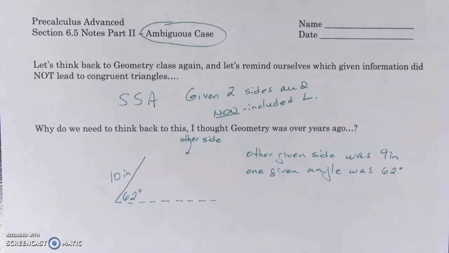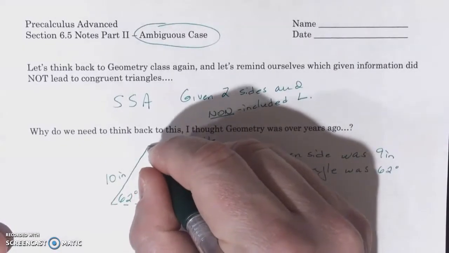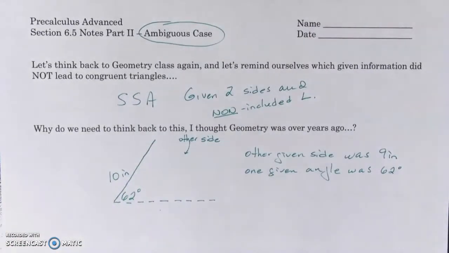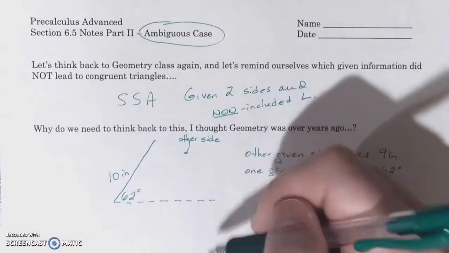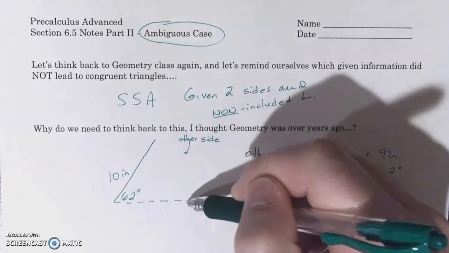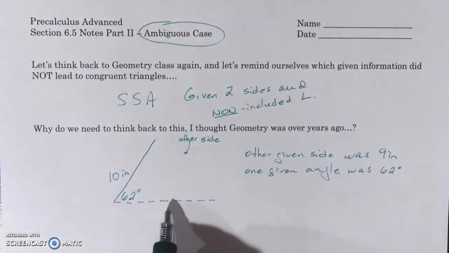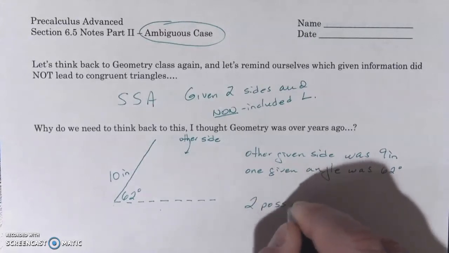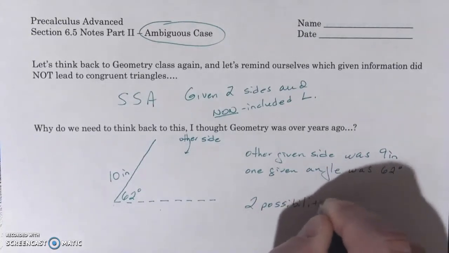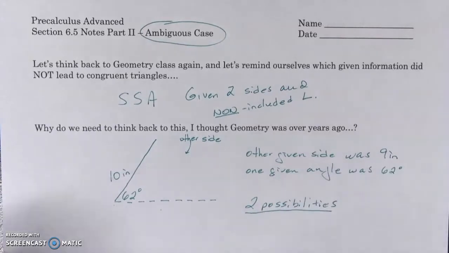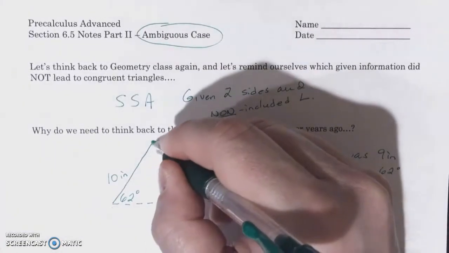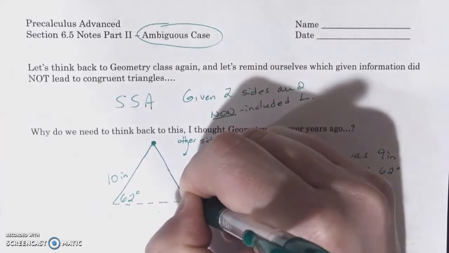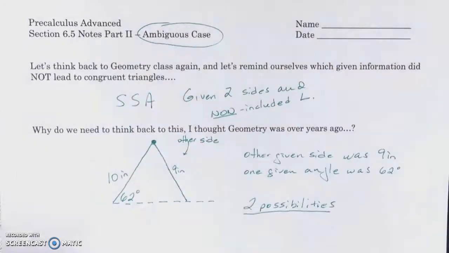Now you might think, oh, this is going to be easy. It's 9 inches long. Let me make this just a little longer. It's 9 inches long, that's easy. Let's just draw a 9-inch side and connect it to this, then we'll know how long this is. But the problem is, there are actually 2 possibilities. The 9-inch side could connect here.